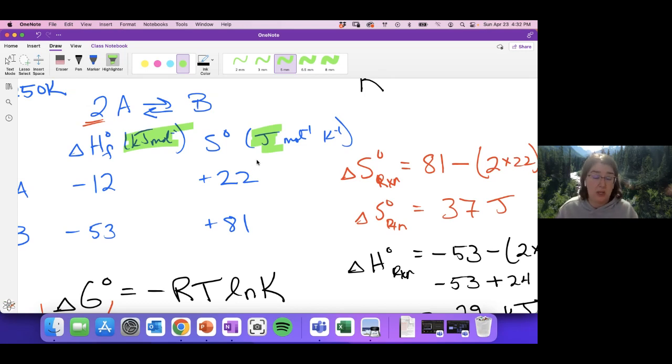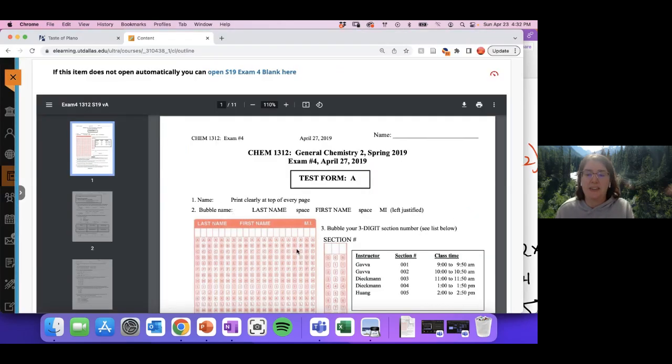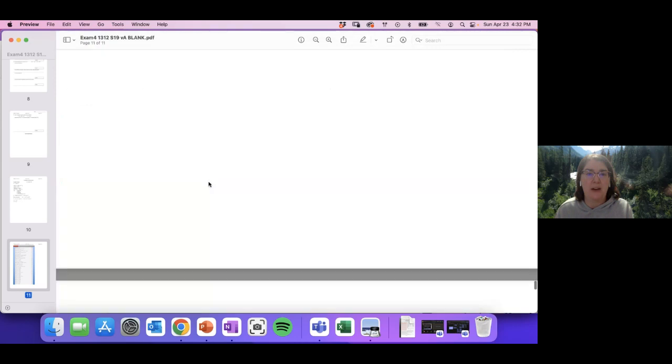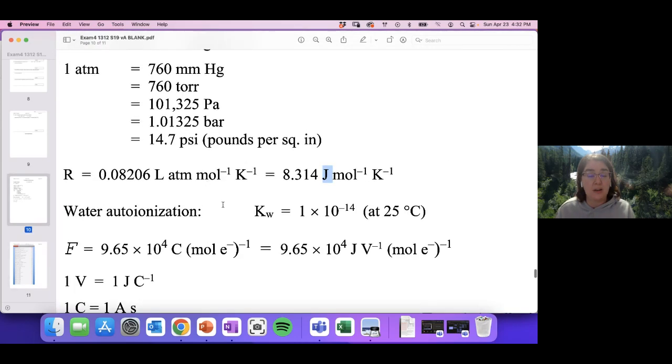We will give you those units. Just like when I was talking about looking at that back page and our value of R, the gas constant, those units are still given. Even though, sure, if you do enough practice questions, you may very well remember what those units are, you can just look at them. Those units are given.